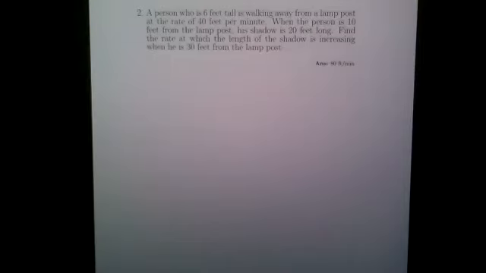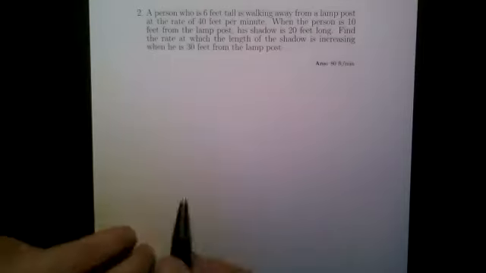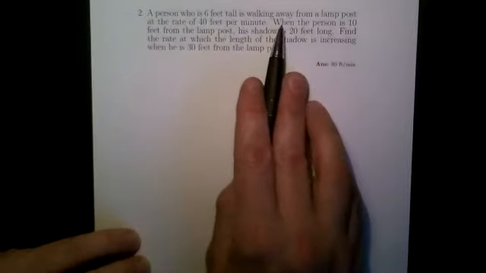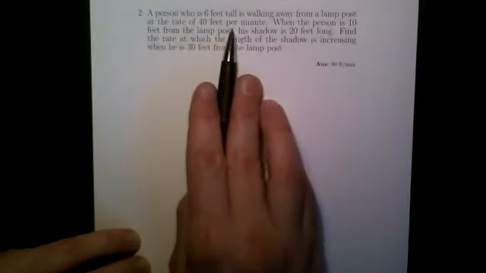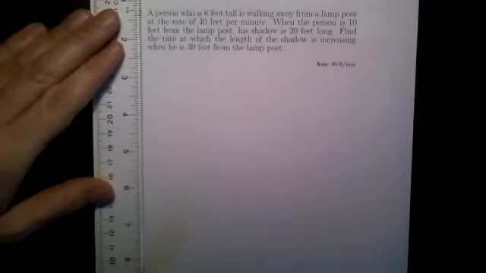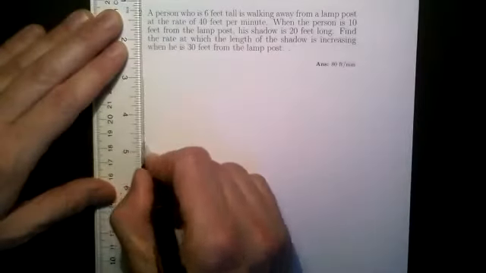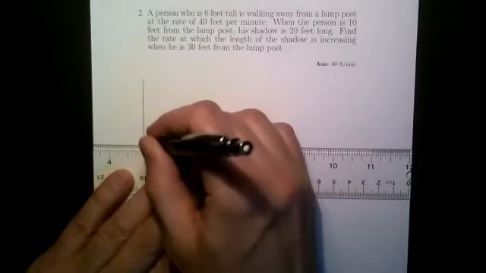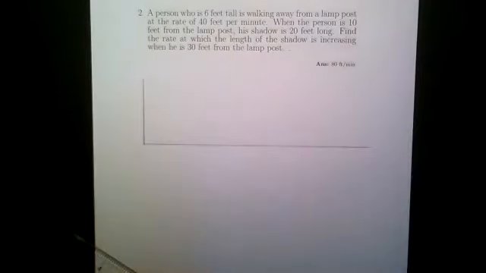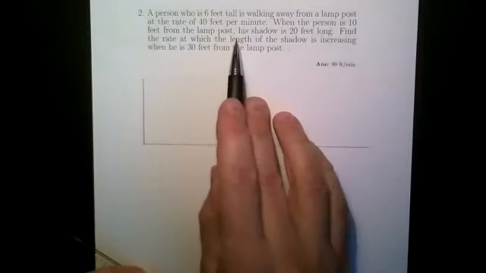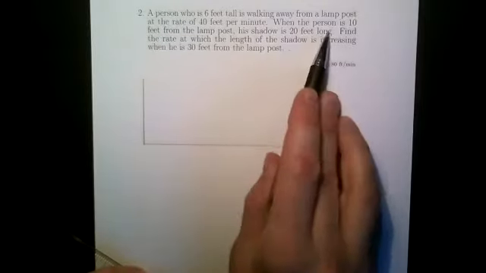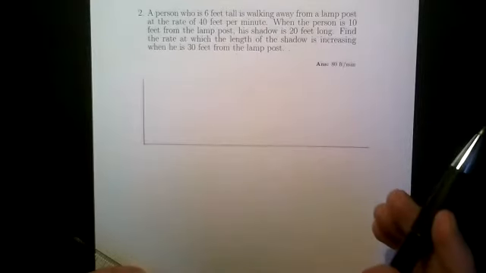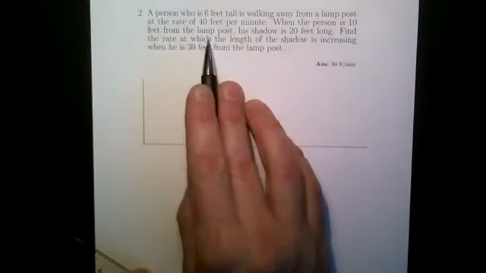So number 2, here's a situation. A person 6 feet tall is walking away from a lamppost at a rate of 40 feet per minute. So I like to do a little representation here. He's walking away from the lamppost at a rate of 40, and when the person is 10 feet away from the lamppost.